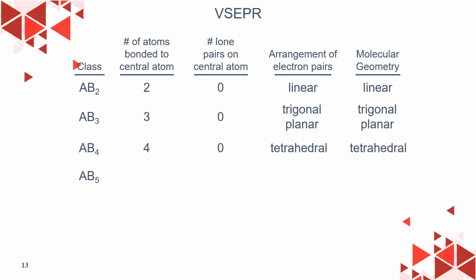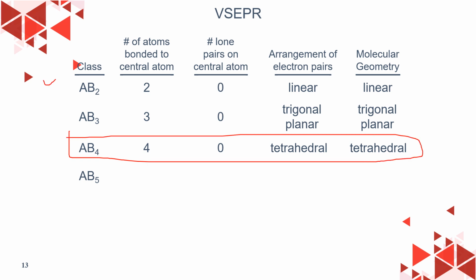You can see here that, as an exception in chemical bonding, there are elements that do not fulfill the octet rule. The octet rule is only followed by this one, while AB2 and AB3 are less than an octet. For AB5, the central atom could bond 10 electrons, or 5 pairs of electrons. What if all 5 pairs are bonded without any lone pair?